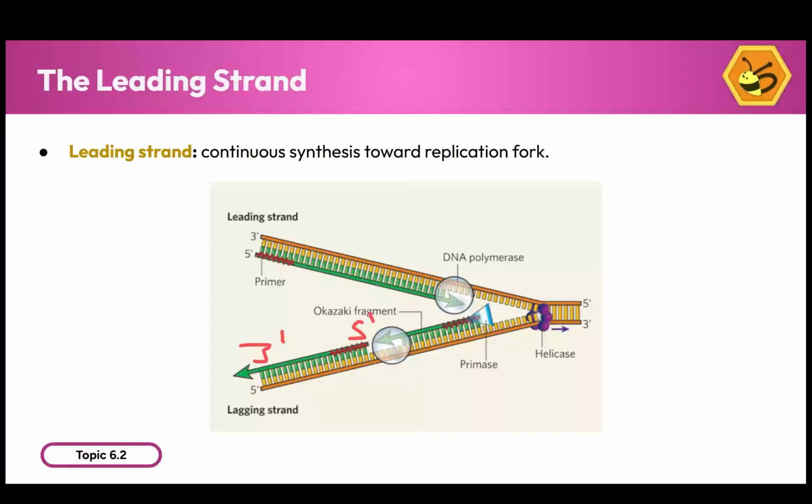Wait, sorry. You still have said this, but why are there fragments? Because isn't it going 5'? Okay. So that's a good question. So Okazaki fragments, again, DNA has to be synthesized 5' to 3', right? This is the 5' end. This is the 3' end, and this is on this strand right here.